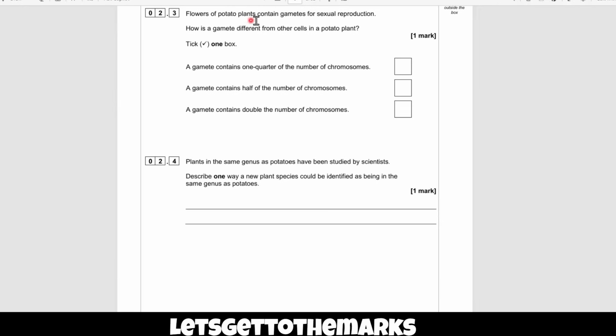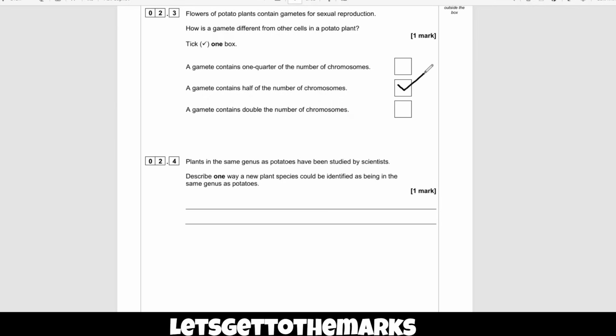2.3, flowers of the potato plant contain gametes for sexual reproduction. So what they're saying is they can do both, asexual and sexual. How is a gamete different from other cells in a potato plant? So a gamete is like your egg or your sperm cells. A gamete contains a quarter the number of chromosomes. A gamete contains half the number of chromosomes. A gamete contains double the number of chromosomes. Hopefully you know this. It's known as the haploid number.